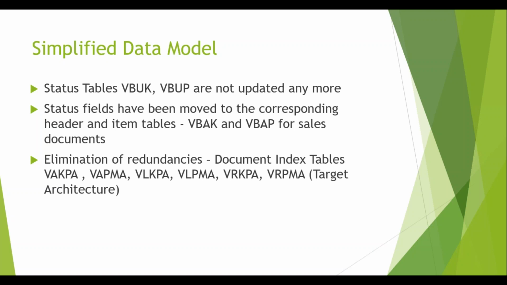Status will be directly available in the main tables. The status related to the sales order will be available in tables VBAK and VBAP. The status relevant to the delivery will be available in tables LIKP and LIPS, which are the delivery related tables. And the status relevant to billing will be directly available in VBRK and VBRP.